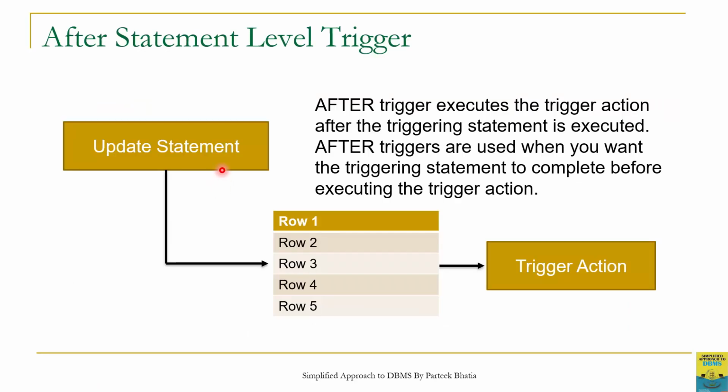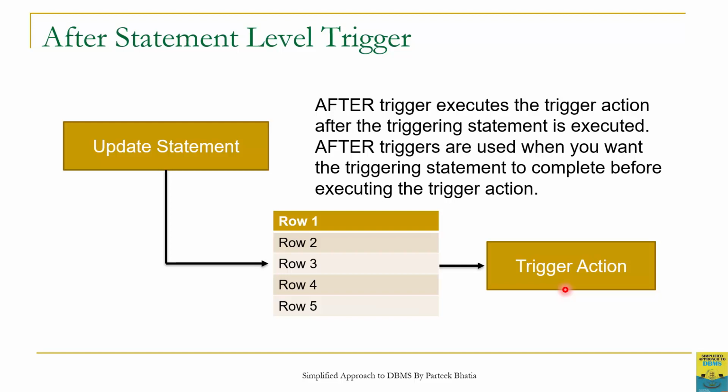Let us consider this scenario where we have an update statement, and this update statement is updating 5 rows of a table. This update statement also has a corresponding trigger, and this indicates the trigger action which is performed by the trigger body. You can see that in an after type of trigger, the action is performed after updating all the rows of the table.